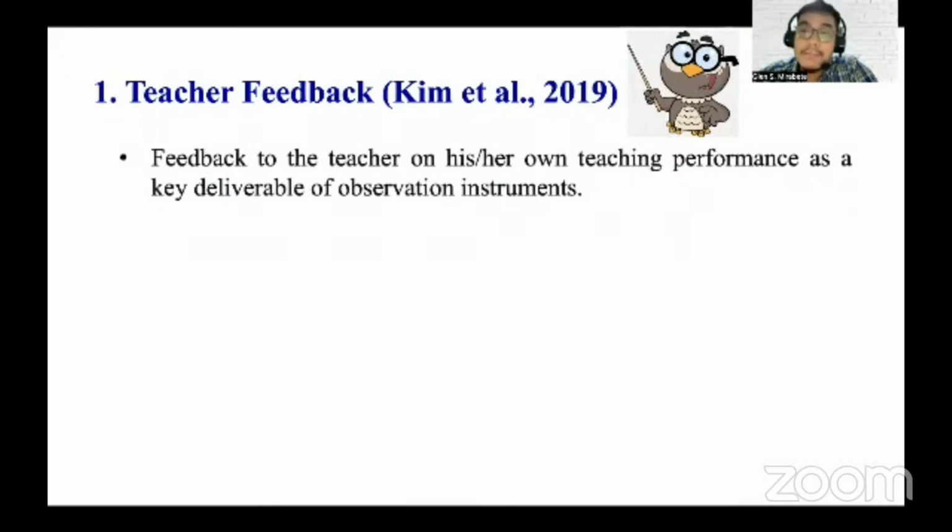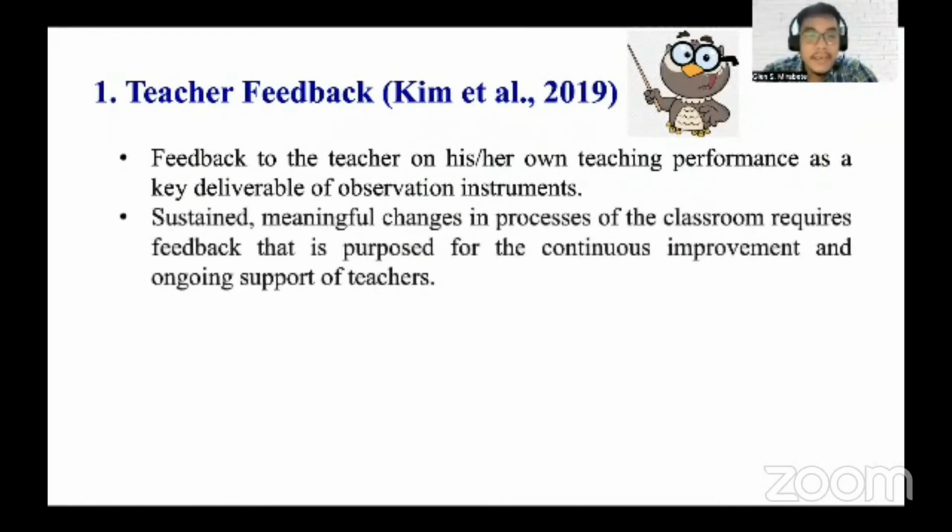It's about their teaching performance, but we should use an instrument just like what I showed earlier. We have here the TIPS. The classroom observation tool will be helpful for the teachers prior to the observation, and then we have the teacher feedback to be given after the session, so having the post-conference.